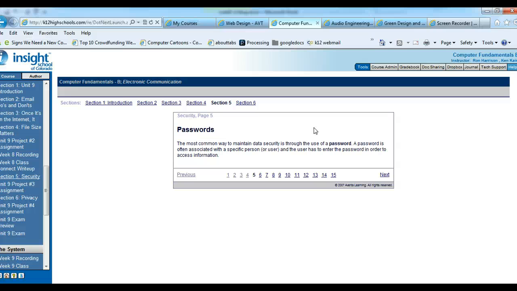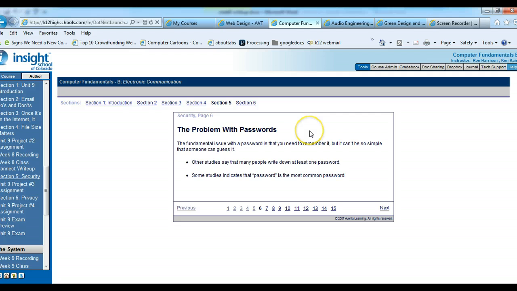It's individual for everyone. So there are many ways that are starting to use the biology of a person's body to provide security. Some problems with passwords: of course, you need to make sure you remember it, but it can't be so simple that someone can guess it.